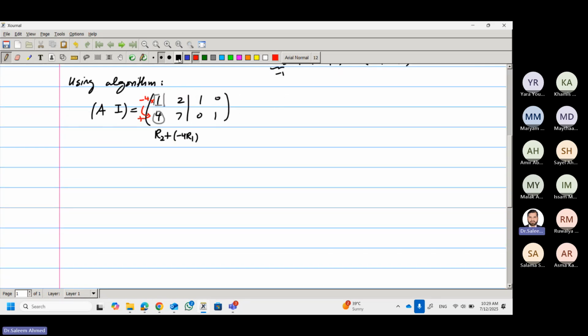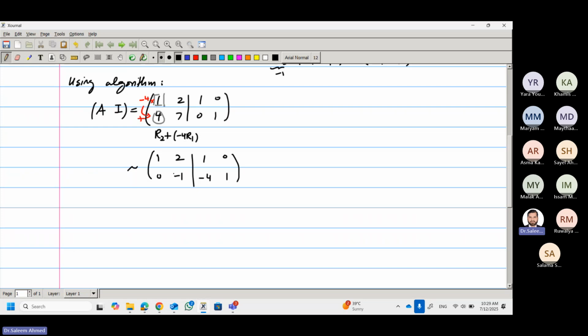So this gives you 1, 2, 1, 0. First row as it is. 4 minus 4 will become 0, and 7 minus 8 will become minus 1. And then minus 4 plus 0 gives you minus 4, and 1 remains as it is.